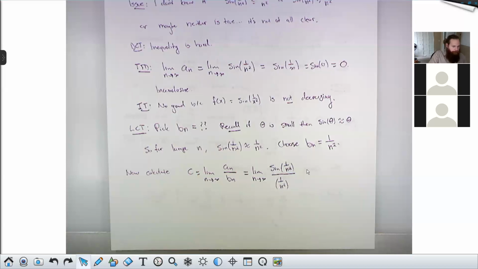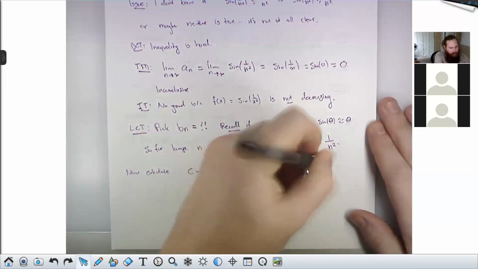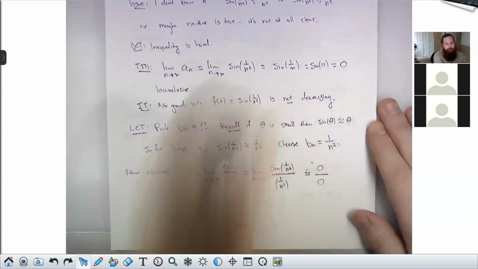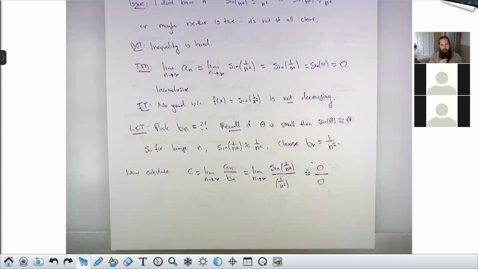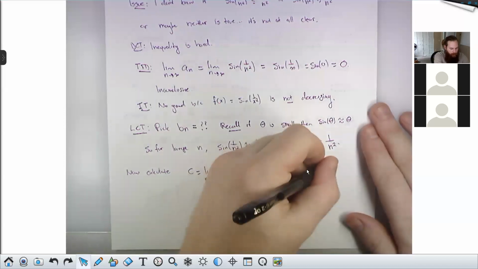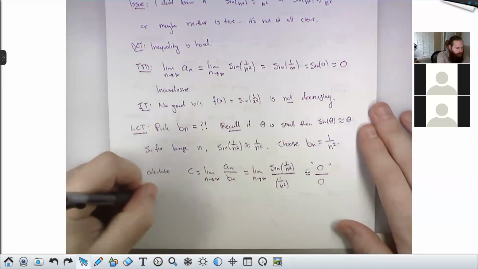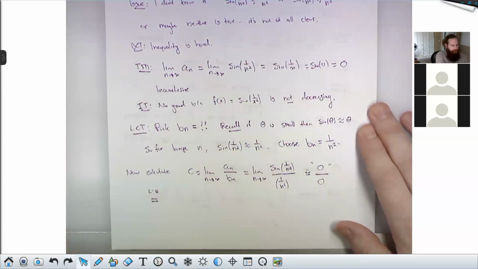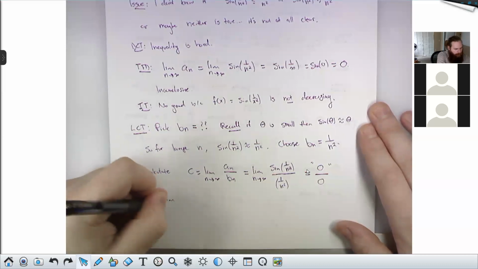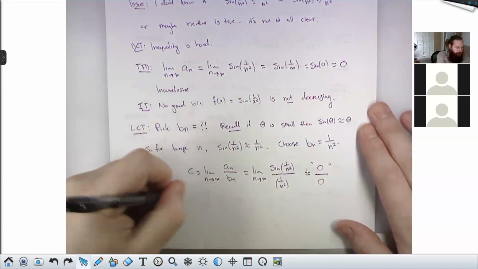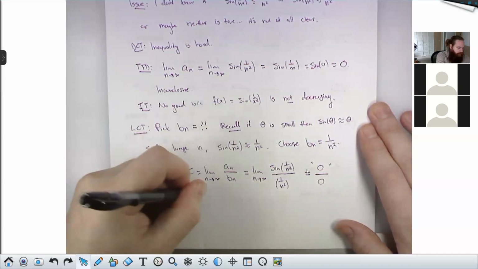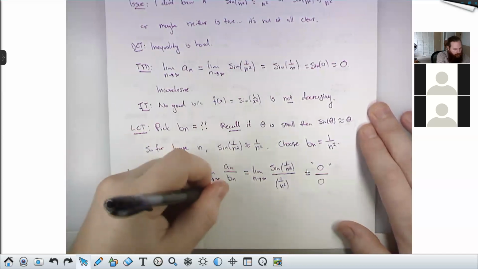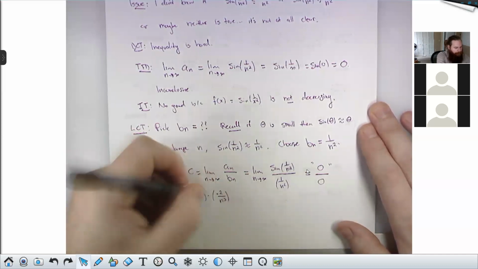However, the top is going to the sine of 0, which is 0, and the bottom is going to 0. So this looks like 0 over 0, which means we can apply L'Hopital's rule. And if I do that, I get the limit as n goes to infinity of cos of 1 over n squared times the derivative of 1 over n squared, which is negative 2 over n cubed.